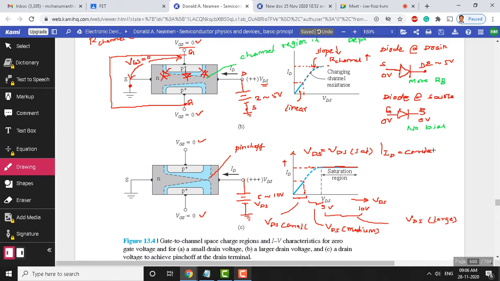You can even conduct an experiment by taking a JFET, and you will get to know for which value of VDS the current becomes constant. Start applying VDS, keeping VGS as 0, and you have to take an n channel JFET.